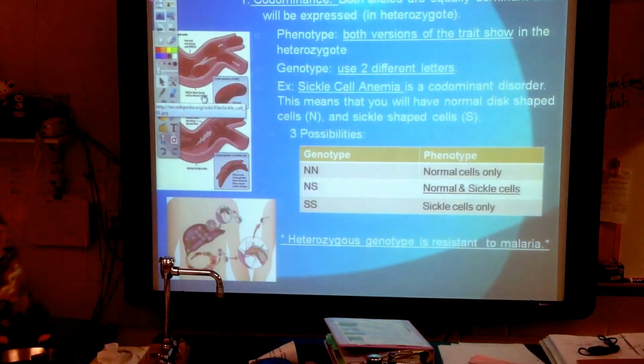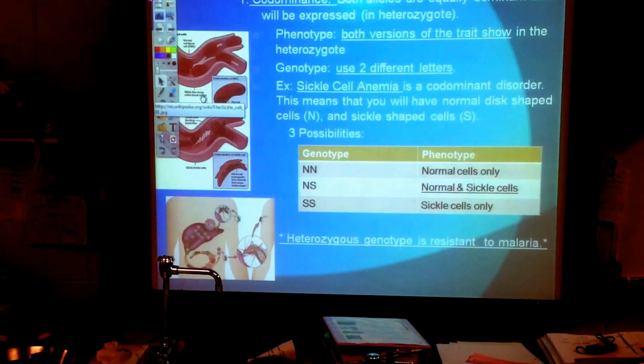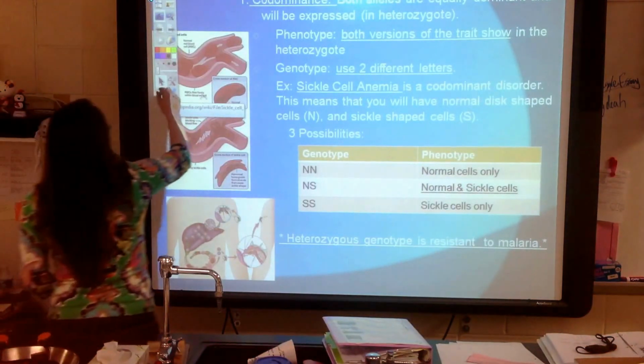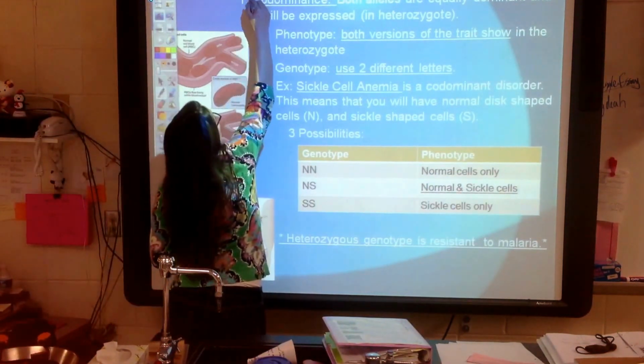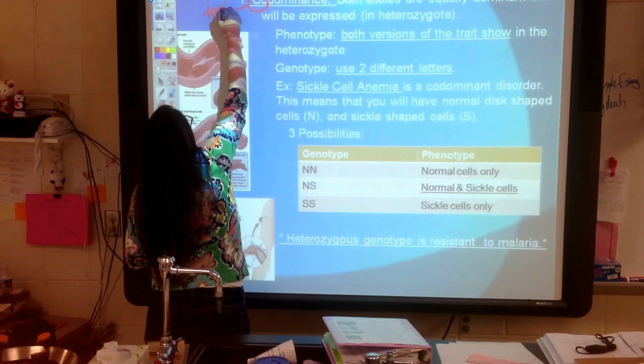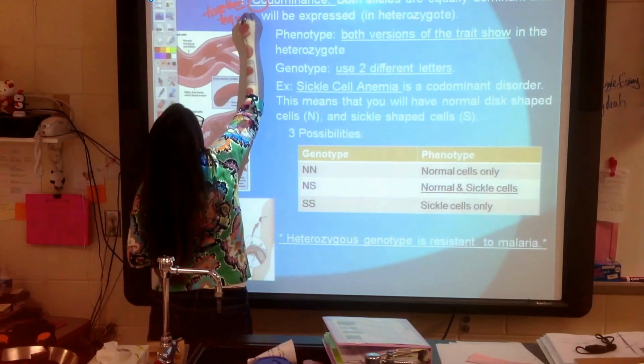And co-dominance really kind of makes a lot of sense if you know that the word co means together. So what we want to do is we want to circle the prefix co, and write together and the word equal.